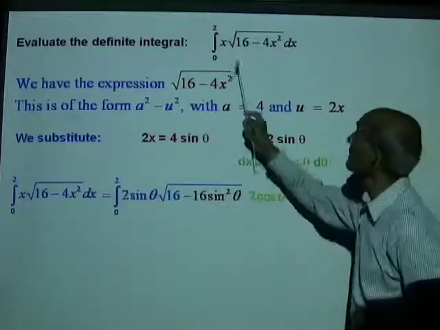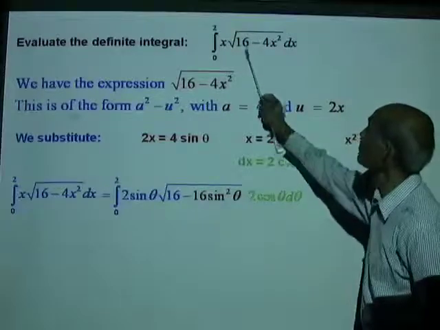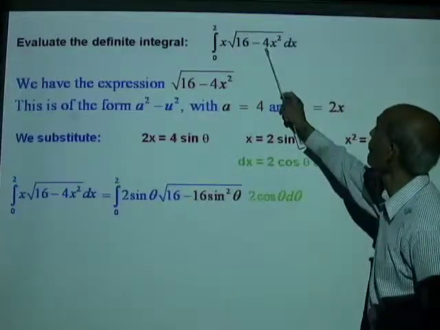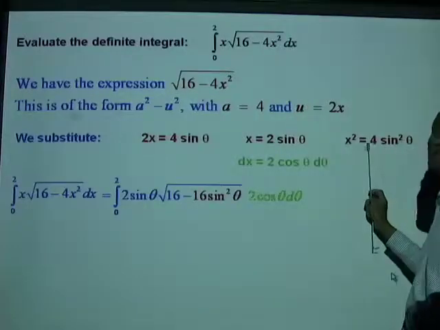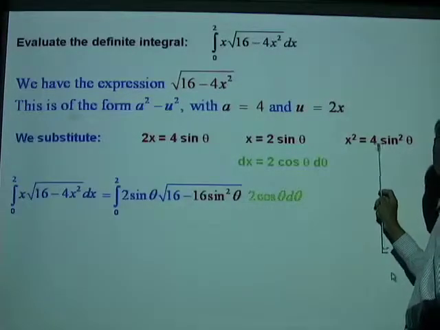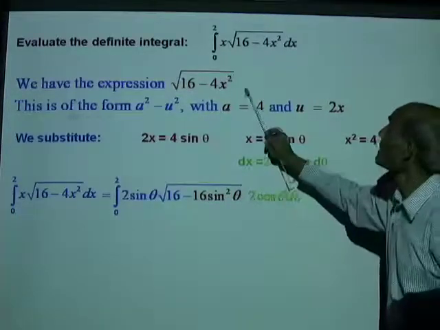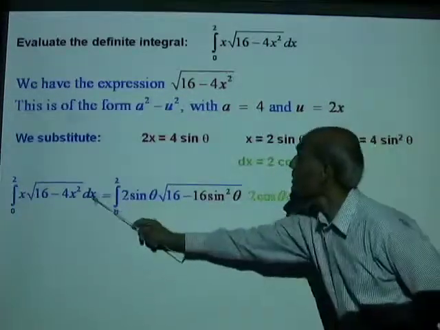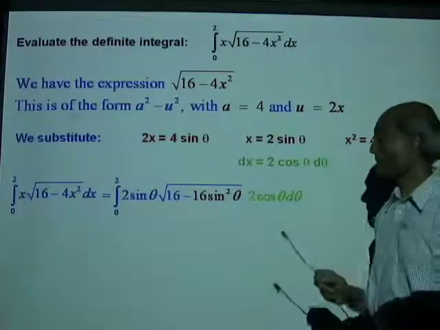What did you get? x is replaced by 2 sine theta. Square root of 16 minus 4x squared became the square root of 16 minus 4 times 4 sine squared theta, which is 16 sine squared theta. And dx became 2 cos theta d theta.